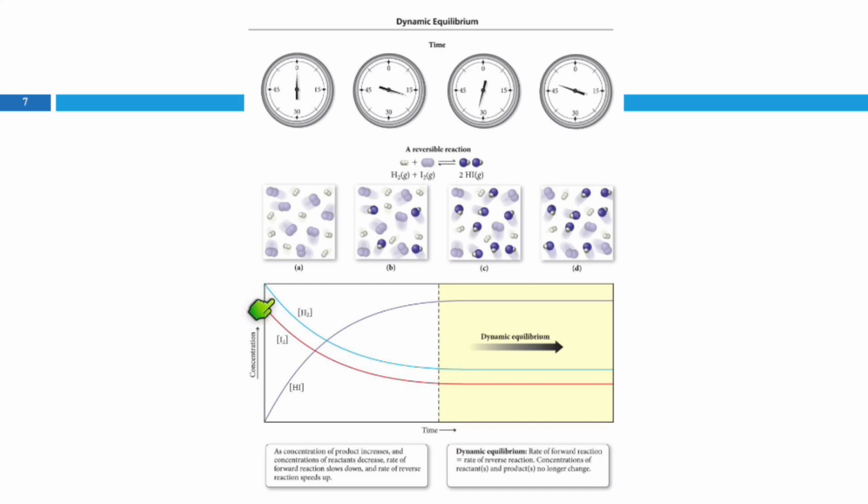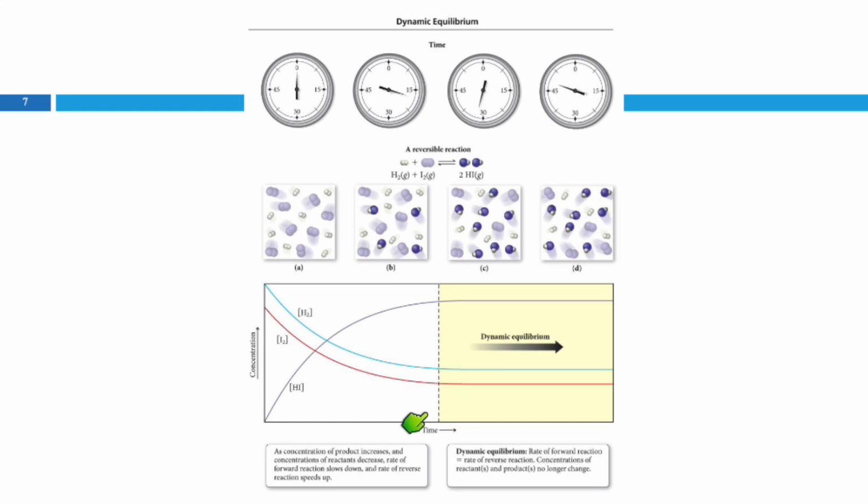As the reaction goes in the forward direction, these reactant concentrations go down, and the product concentration goes up. As this is going up, the reverse reaction is going faster. As these go down, the forward reaction is going slower.